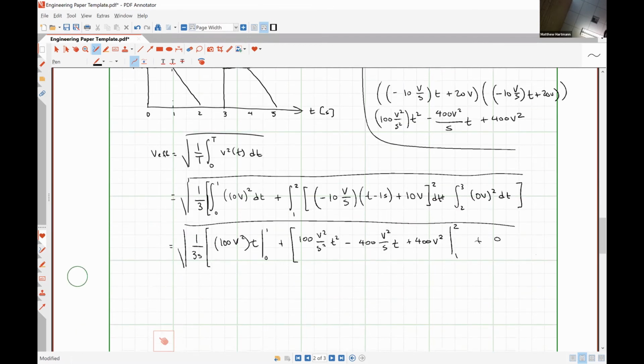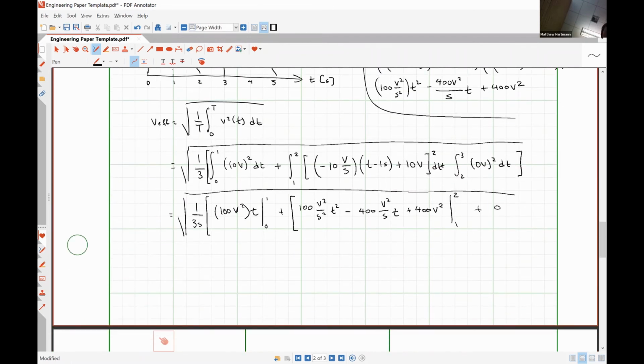All right, so now we're getting into just some straight math here. So 1 over 3 seconds. 100 volts squared times 1 second is 100 volts squared second, minus 100 volts squared times 0 seconds is just going to be minus 0. So that takes care of that bit.